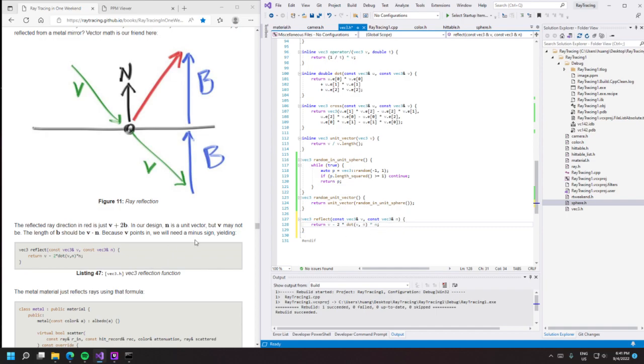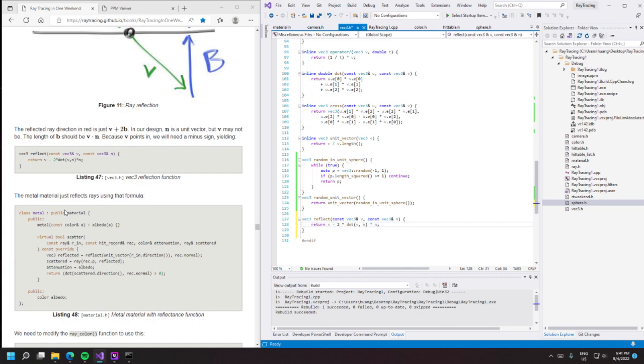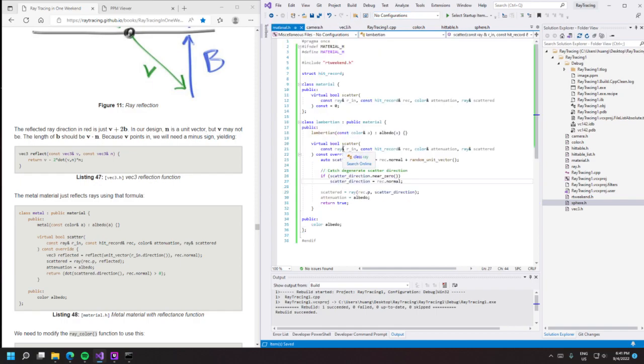Okay, so the metal material just reflects rays using that formula.